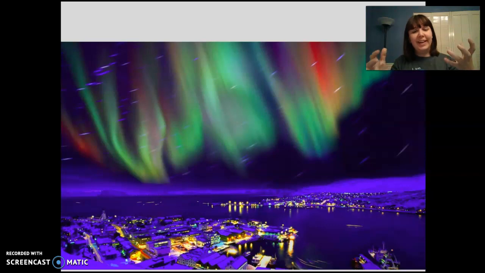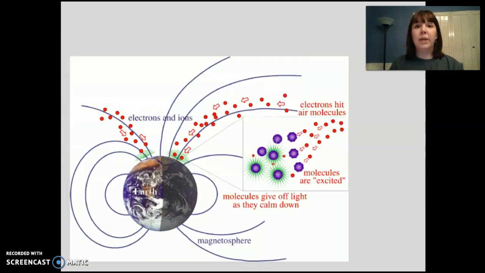And then eventually, those electrons will calm back down and release. As they jump down in orbital, they release that energy in the form of light. So this is the northern lights. There's also southern lights. And those northern lights are the result of emission spectra. They're emitting light after absorbing it from incoming solar radiation.